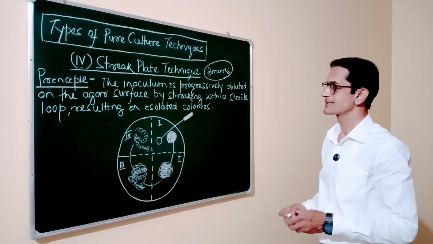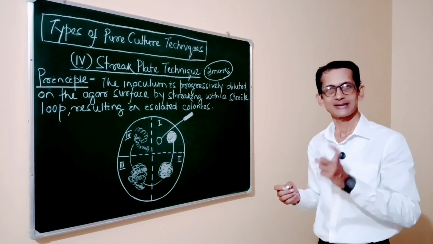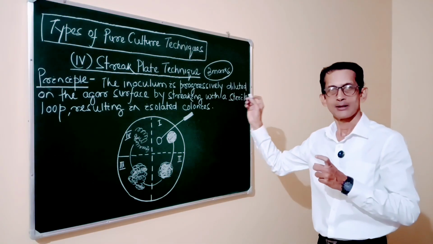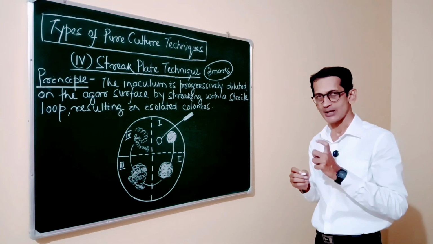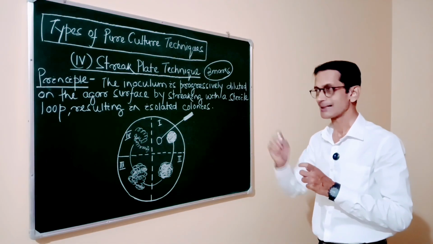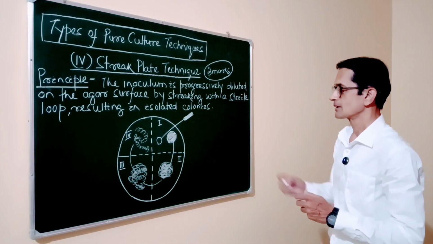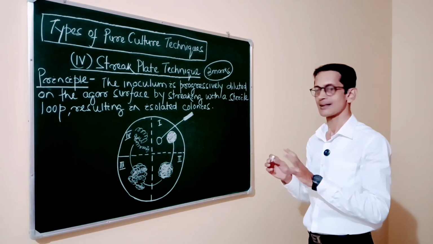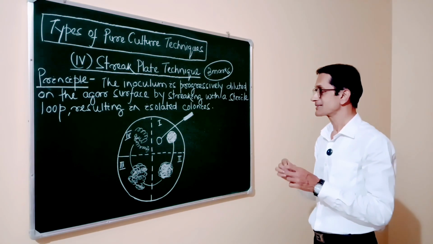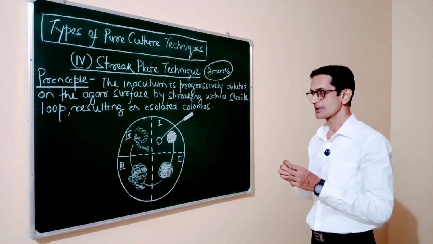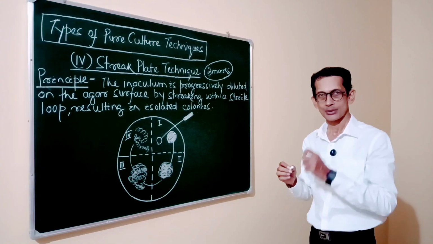So guys, the next is the streak plate technique. Note it. This is a possible short question of 3 marks. Streak plate technique. Principle: the inoculum is progressively diluted on the agar surface by streaking with a sterile loop, resulting in isolated colonies.